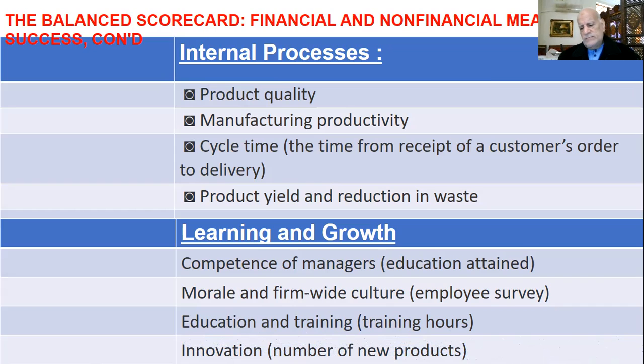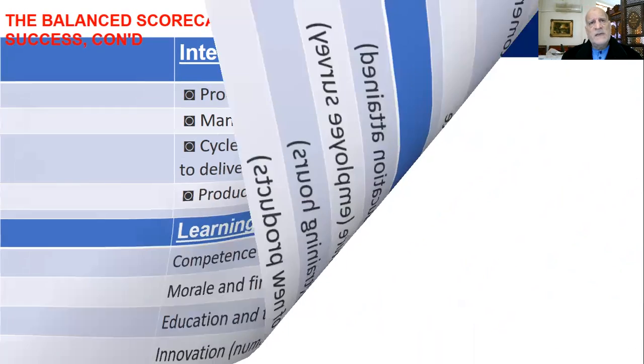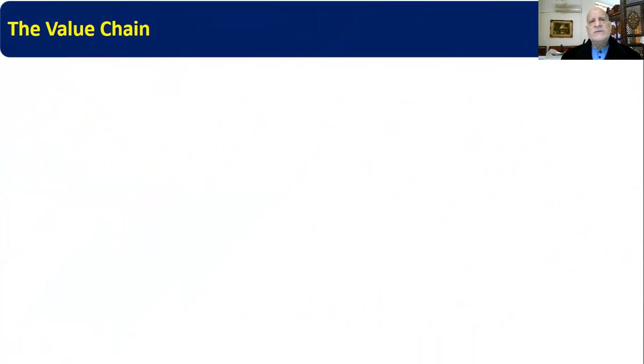Now let us transfer to the second perspective, which is value chain. The value chain is an analysis tool used by organizations to identify the specific steps required to provide a competitive product or provide service to customers.